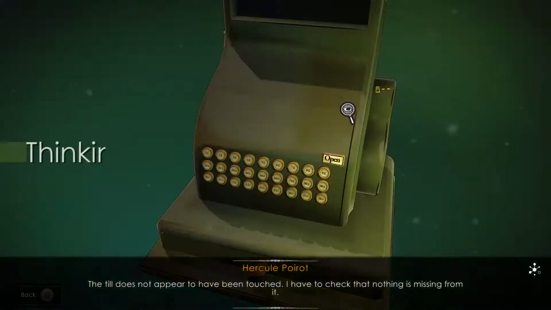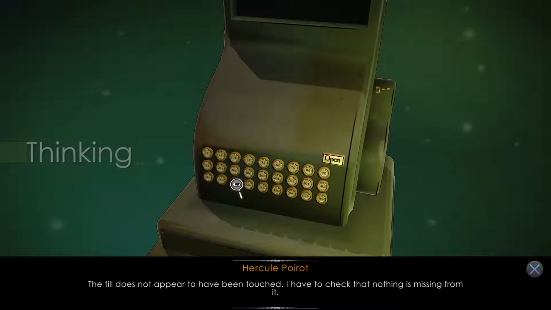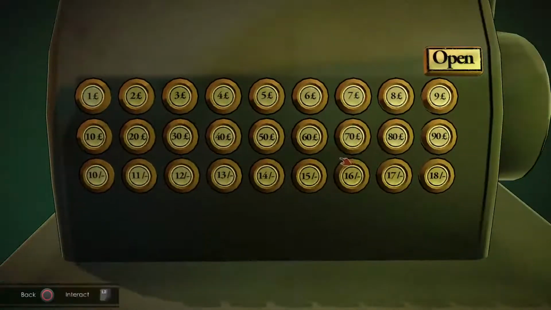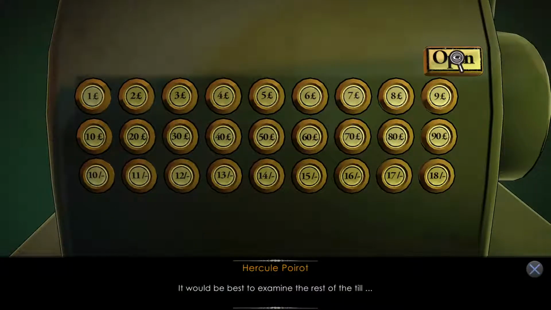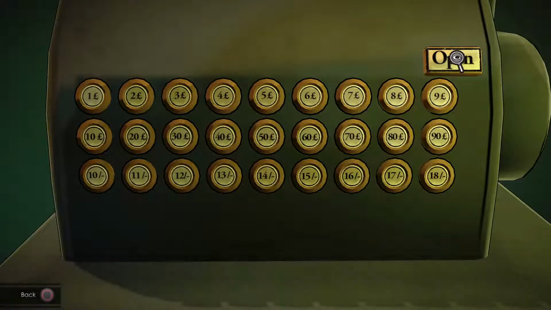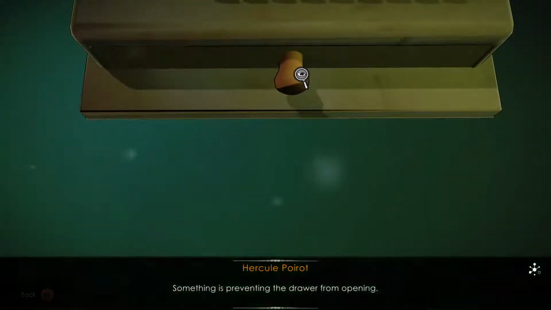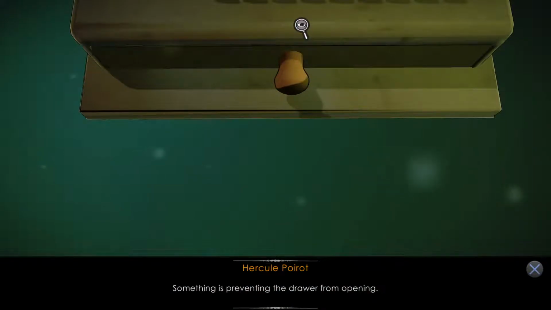Okay. The till does not appear to have been touched. I have to check that nothing is missing from it. It would be best to examine the rest of the till. Something is preventing the drawer from opening.